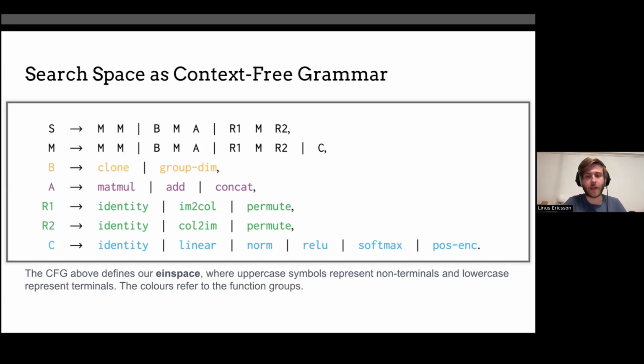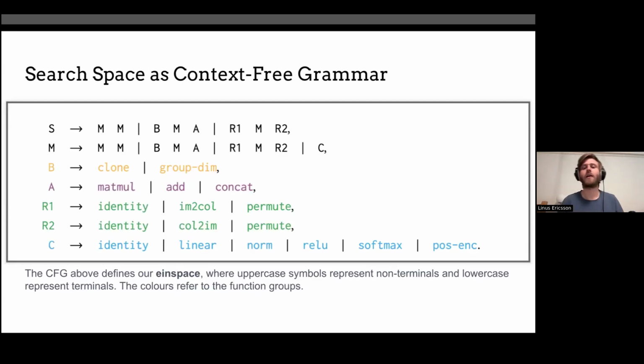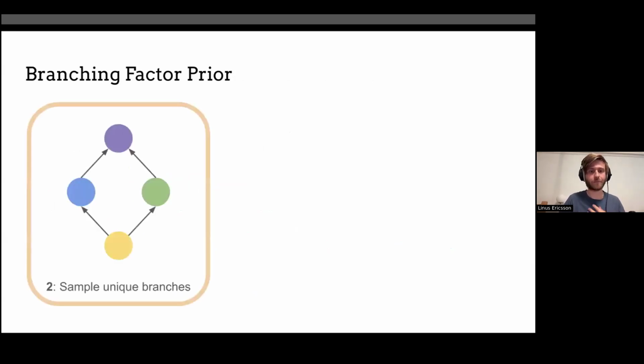Now we will look a little bit more at the extra implementation details that we add. This grammar does describe all of the allowable things, but there are a few priors that we put in there that add a little bit more expert knowledge into what we're allowed to generate. This is specifically due to the branching modules. Whenever we have a branching module, like I said, we have a branching function that splits it into a number of branches. We allow either 2 branches, 4 branches, or 8 branches.